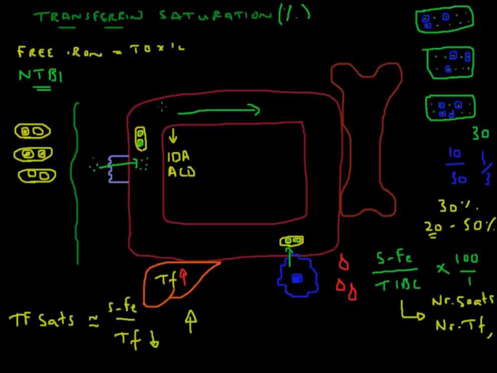Microorganisms, especially bacteria, depend on iron for their growth. So if there's a lot of iron available in the circulation, these bacteria can grow and become more. So what the body does to prevent this is it tries to keep the iron away from the microorganisms by locking the iron up within the cells that normally contain them.